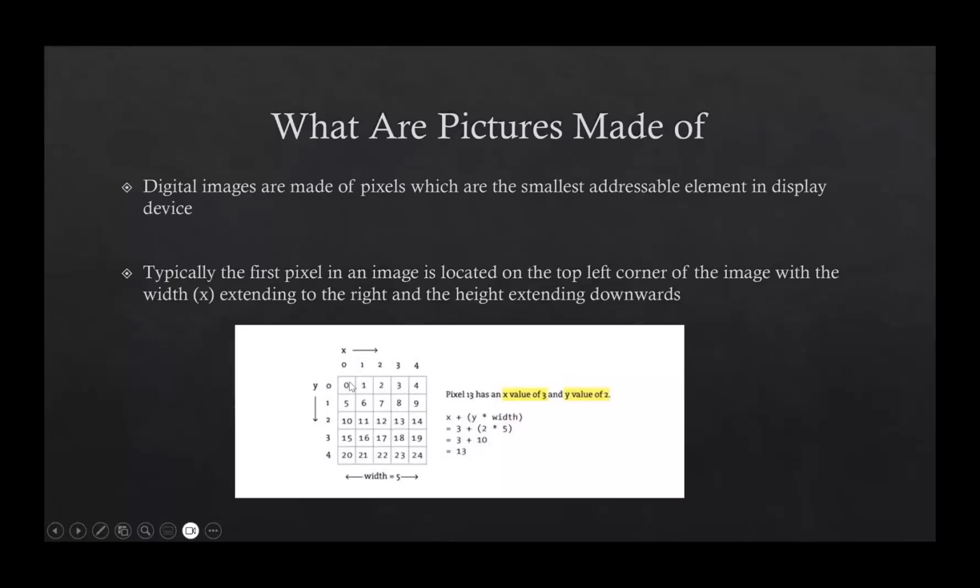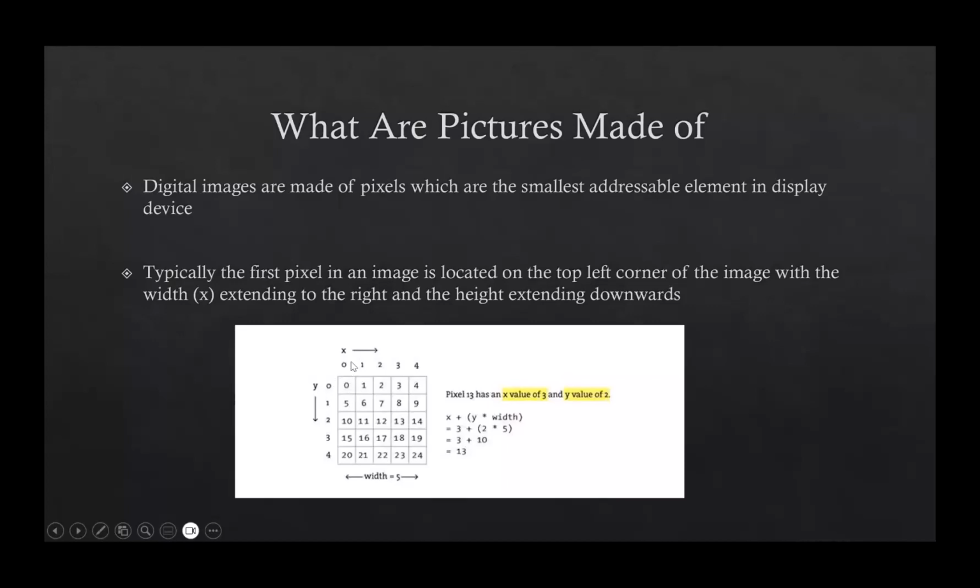In this case, the picture is 4 pixels wide, and then the height element extends down from the first pixel. So it's 4 pixels wide, and then it's got a height of 4 pixels. So it's going down to 4. Actually, no, this is 5. My bad. It's starting from 0. So essentially the first pixel in this matrix would be here.